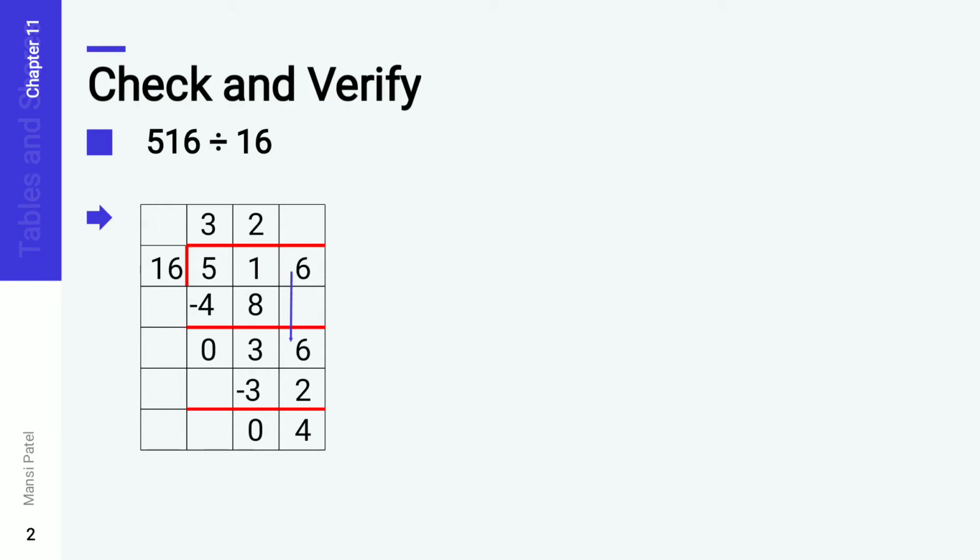Now how do you check and verify? Here we have to check whether our quotient 32 and our remainder 4 are correct or not. So how can we check? If you want to check your division, then there is one formula that you have to learn.